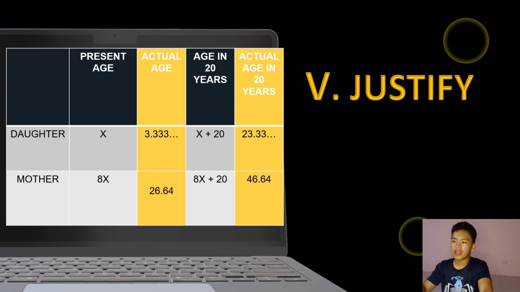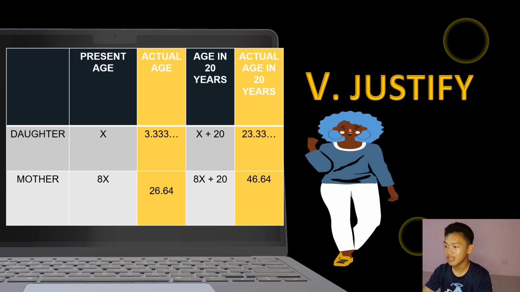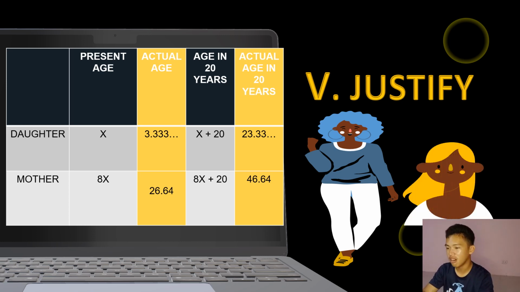So the equation that we use is correct because the mother's age is twice her daughter's age. So that is correct. So let's proceed to our next step. But before that, this is the mother and this is the daughter.